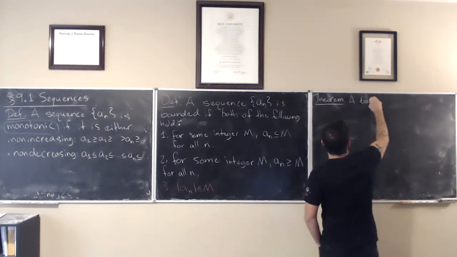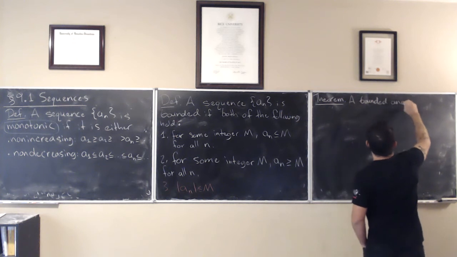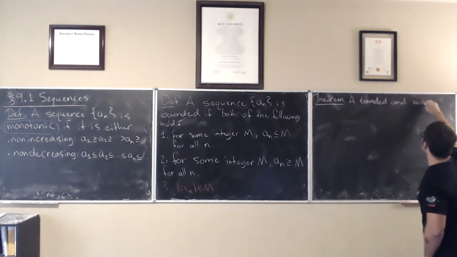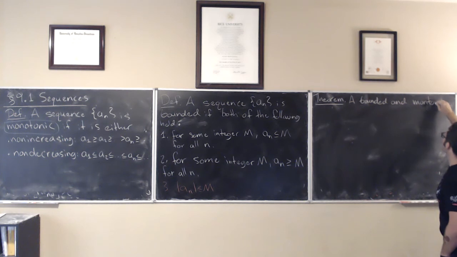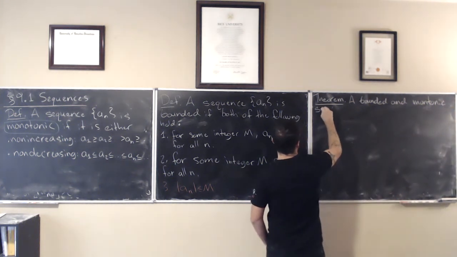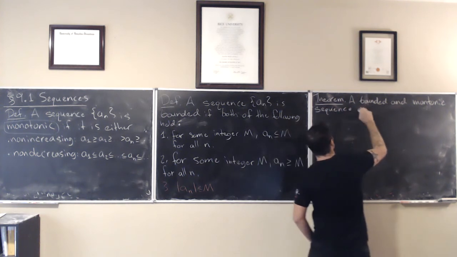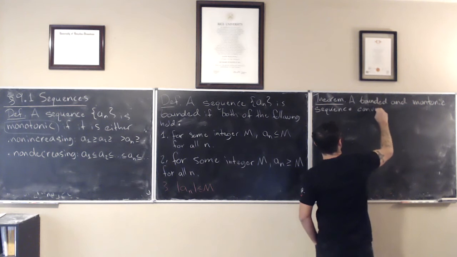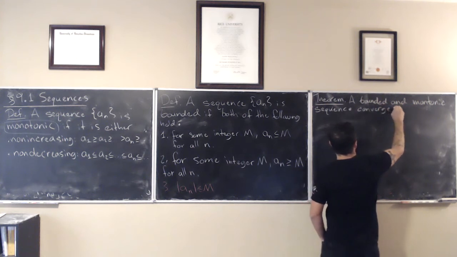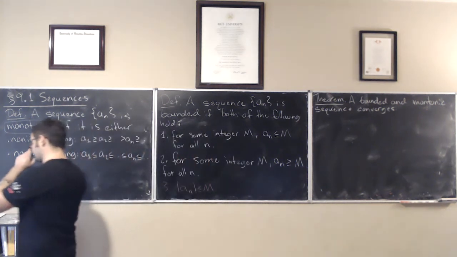A bounded and monotonic sequence converges. Bounded and monotone sequences converge.